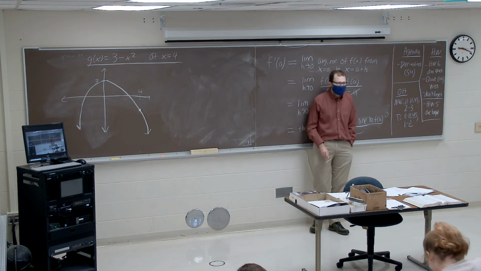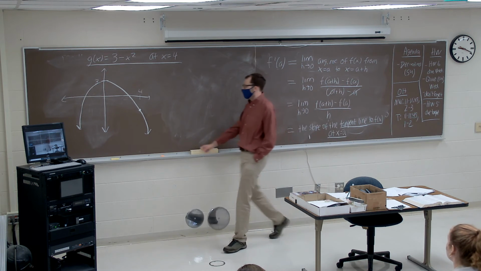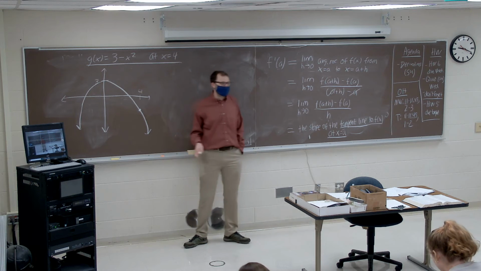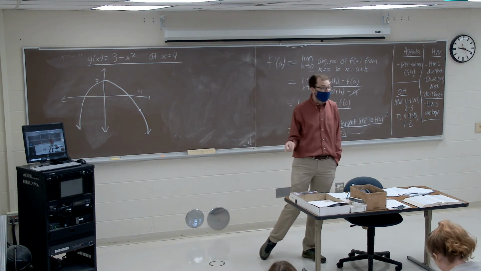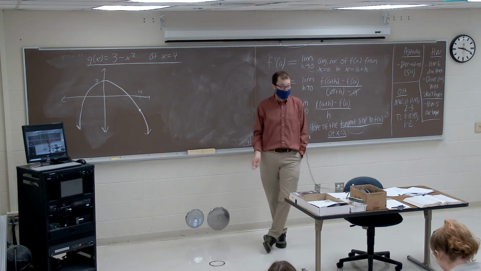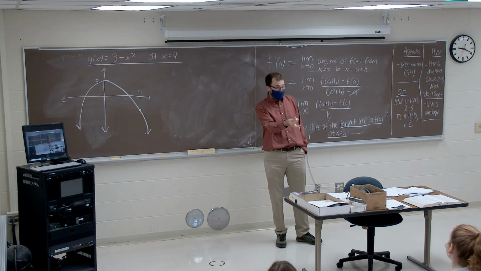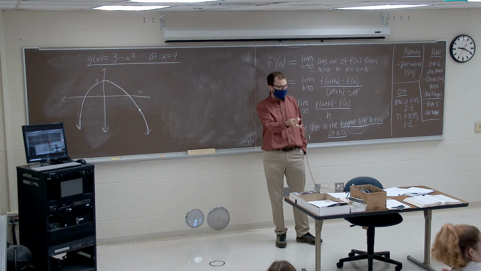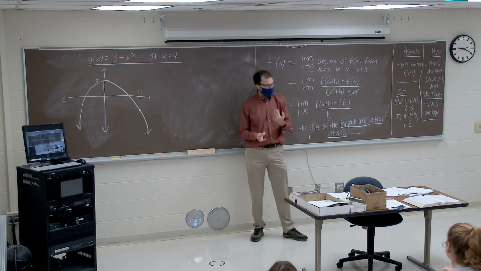Question. When we compute instantaneous rate of change of this function at x equals 4, are we expecting to get a positive number or a negative number for instantaneous rate of change, instantaneous velocity, say, of this function? Mark? Negative. Why negative? Because the tangent line is like this. Because the tangent line moves downwards as we go from left to right?